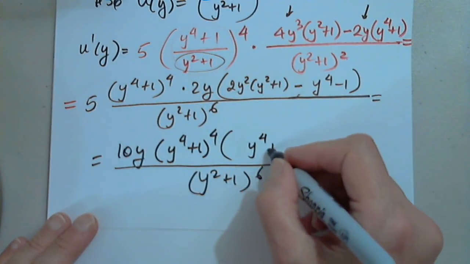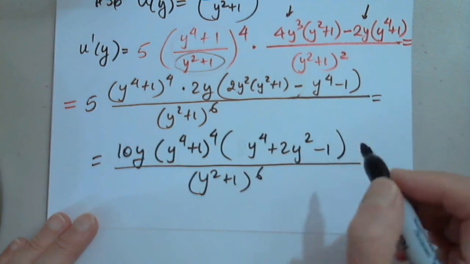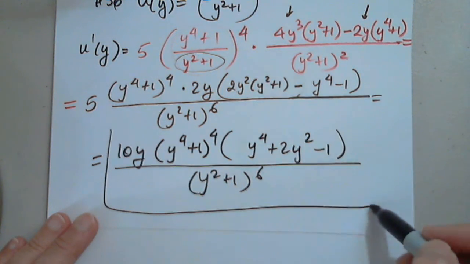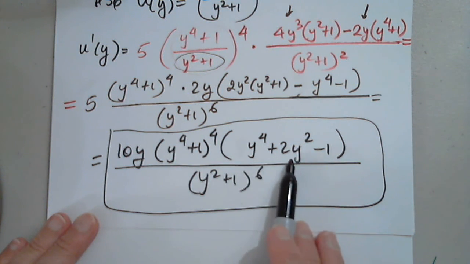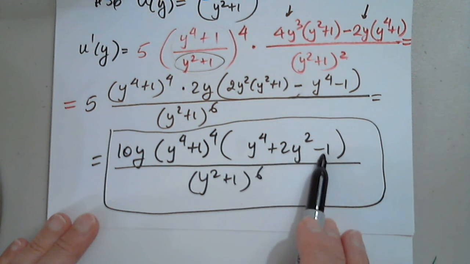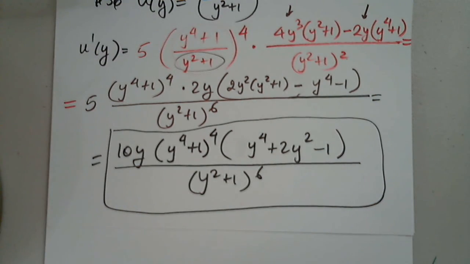And then plus 2y squared, and then minus 1. And this is it. No one can further simplify this. This is not y squared plus 1 or minus 1 because this is negative. So you cannot factor this. So this is it. That's the final form. And we use the chain rule.